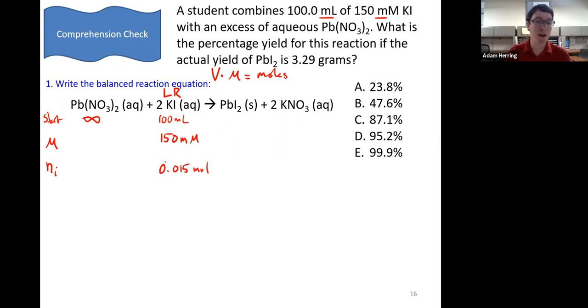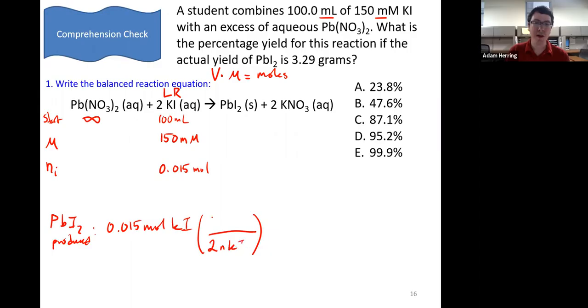Now, how much lead iodide do we make? Since the potassium iodide is our limiting reactant, we can use that value directly. So our lead iodide produced is simply calculated from the moles of potassium iodide and then using the balanced chemical equation. 2 moles of potassium iodide would produce 1 mole of lead iodide.